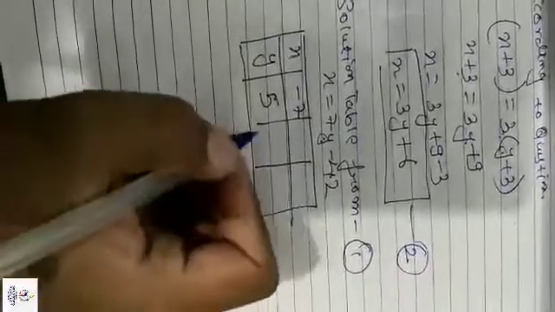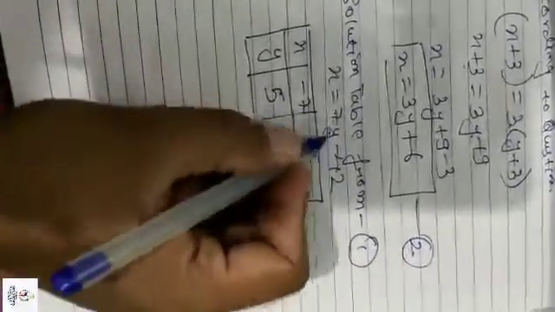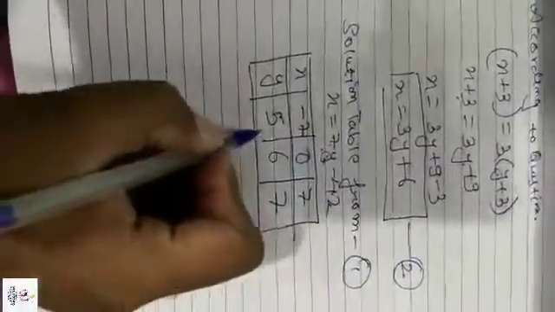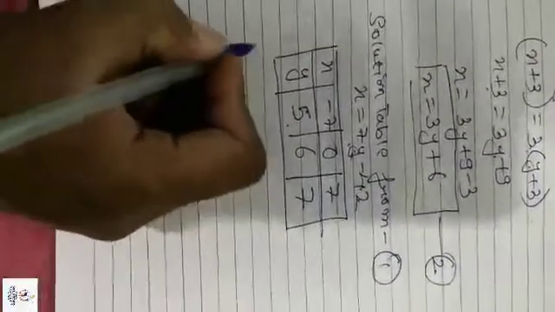If we put the value of y as 6, 7 sixes are 42, 42 minus 42 is 0. If we put y as 7, 7 sevens are 49, 49 minus 42 is 7. So this is our solution table for the first equation.